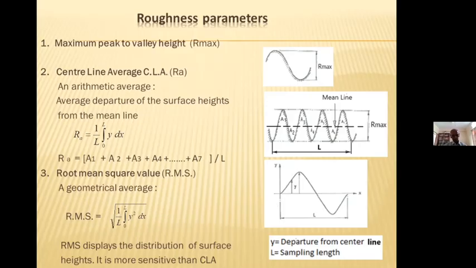Then comes the root mean square value, RMS. This is also used quite widely in industry. And here we take the geometric average. So we take the ordinate as shown in the picture, ordinate y, and we square it, and we say integral of y squared dx from 0 to L, and divide by L, some sampling length, and take the square root of this.